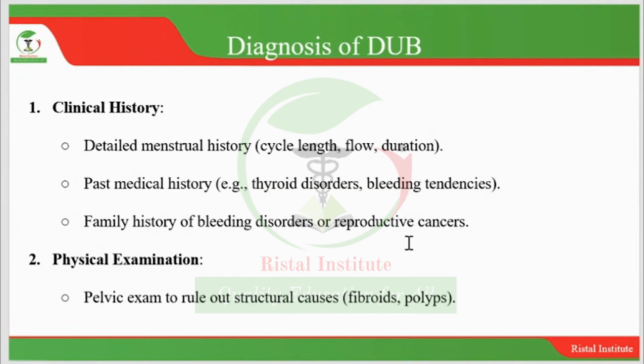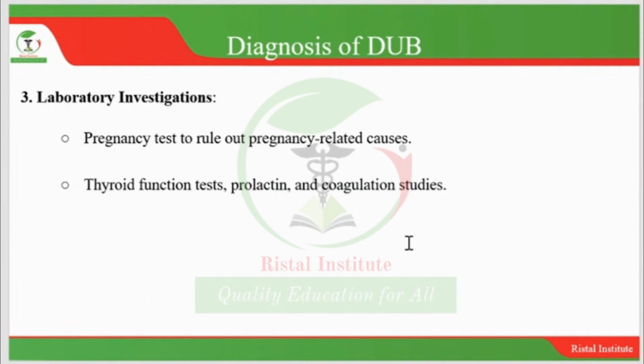Physical examination, pelvic exam to rule out structural causes like fibroids and polyps. Laboratory investigations, pregnancy test to rule out pregnancy-related causes, then thyroid function tests, prolactin, and coagulation studies can also be conducted.